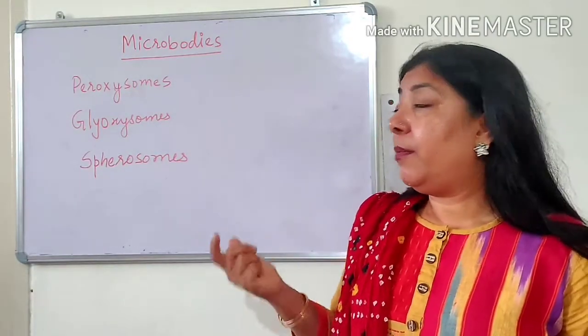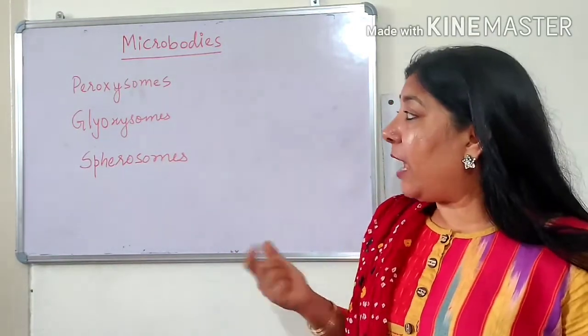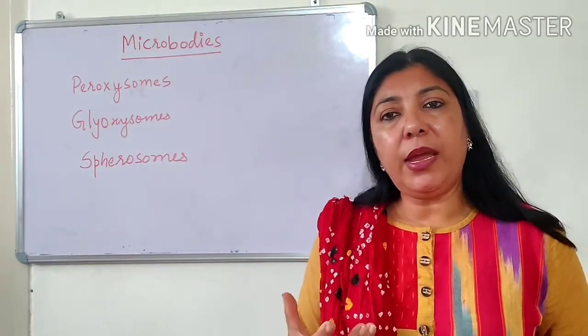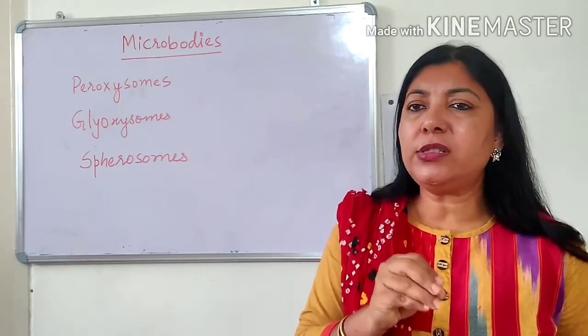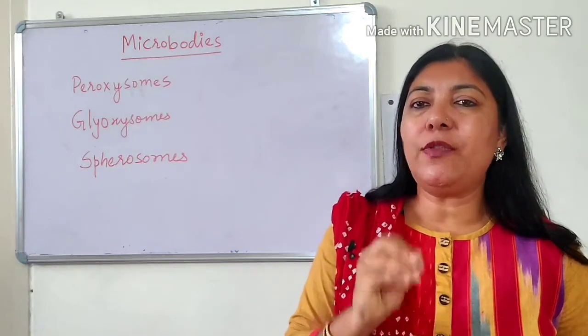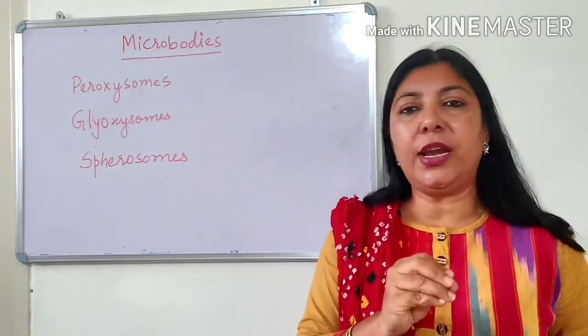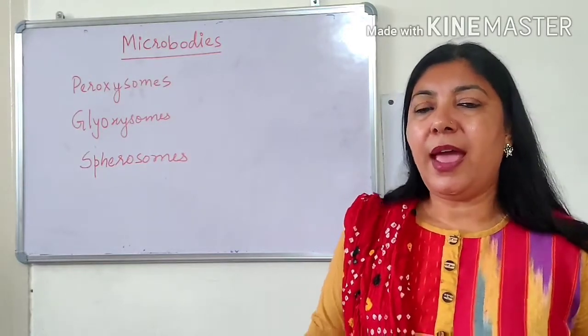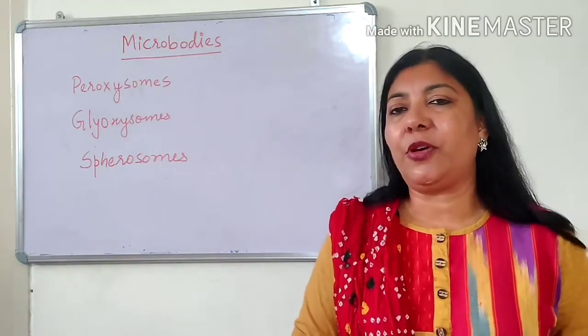For example, peroxisomes, glyoxysomes, spherosomes. They are performing special functions because they have special types of enzymes which are regulating a specific metabolism at particular time, and these are called as microbodies.